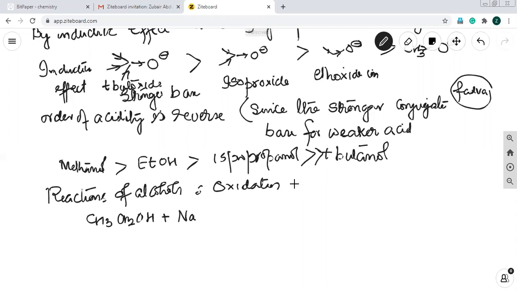We are talking about hypohalite oxidation, oxidation with hypochlorite. NaOCl gives CH3CHO. It goes to the aldehyde.